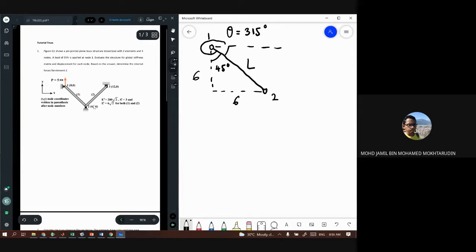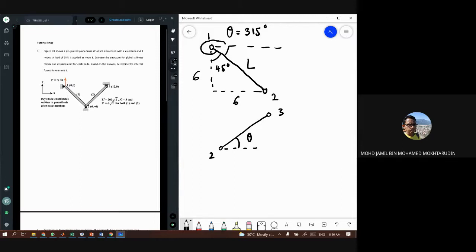Now let's look at the second bar. You need to find this angle because it is made by the smaller node, number 2.